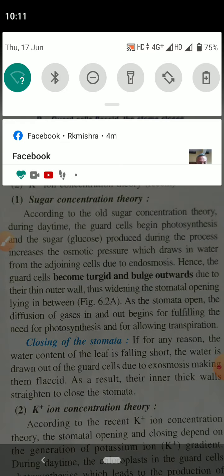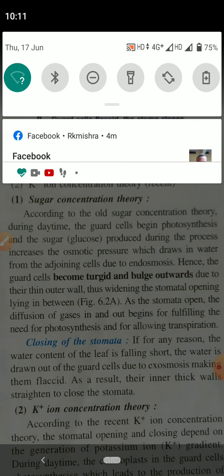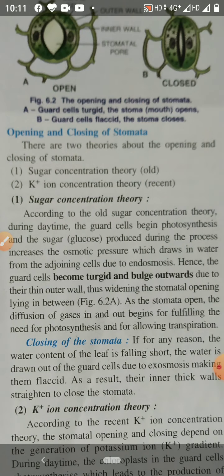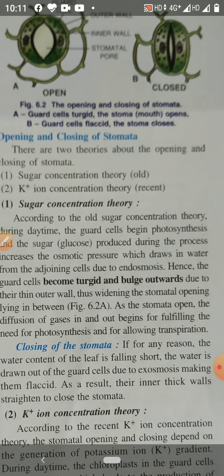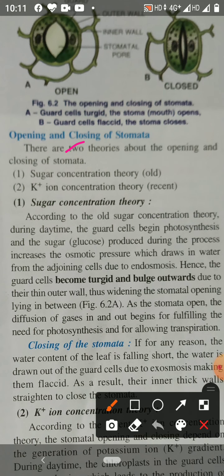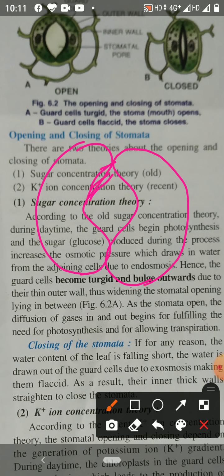When you see the structure of the stomata, these are the two guard cells. These guard cells are kidney shaped or bean seed shaped. Its inner wall is thick. This is the thick inner wall, and this is the thin outer wall.